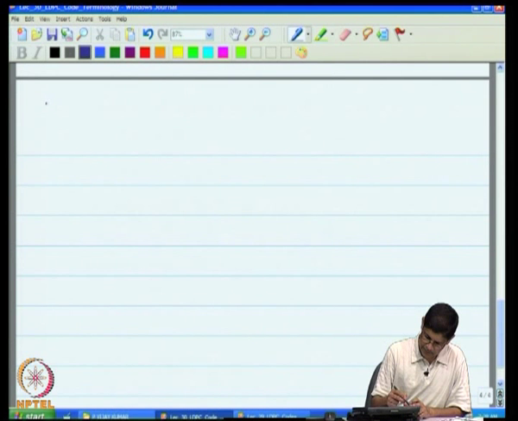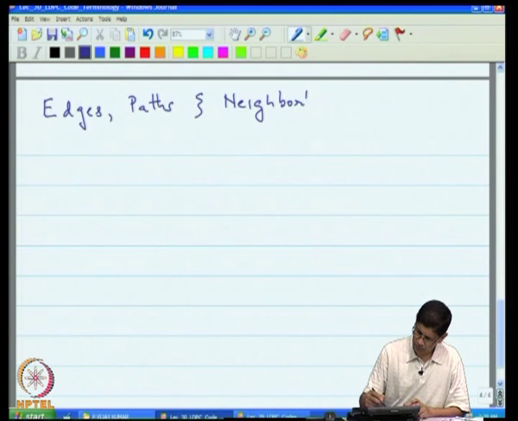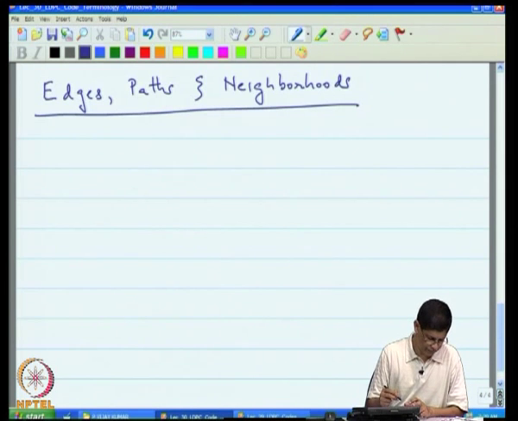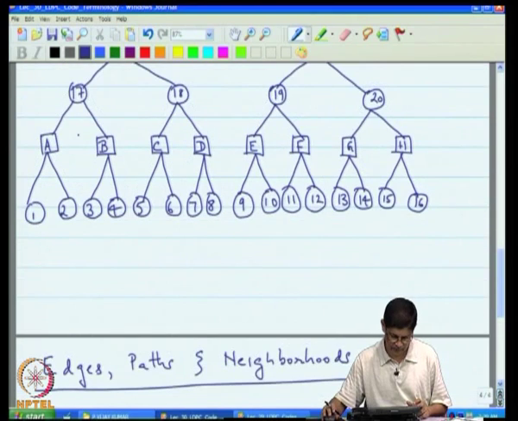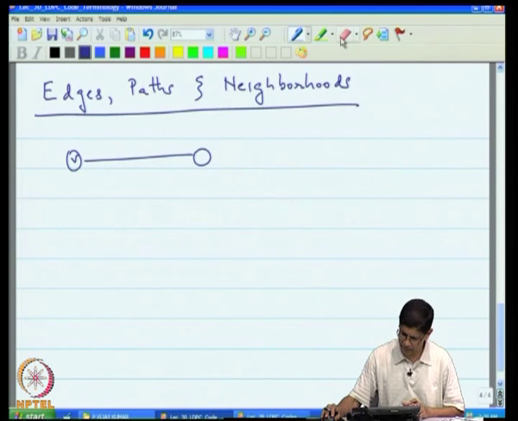So, I will call this edges, paths and neighborhoods. So, it is clear what we mean by an edge. So, here if this is a variable node and if this were a check node, let me draw that a little bit more clearly.